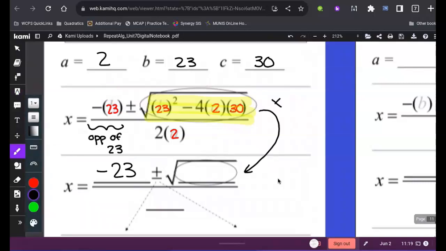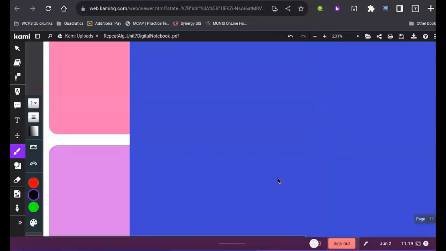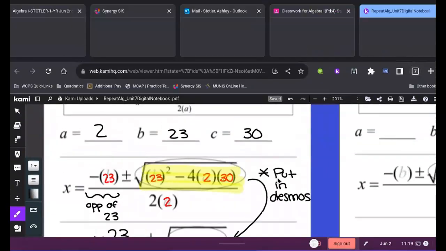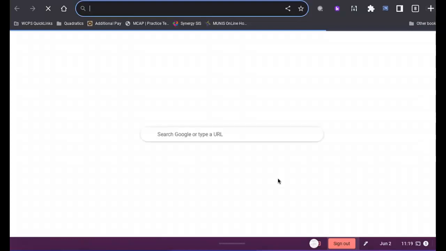I'm going to make a note right here to put in the calculator. I was going to freeze the screen and type it into the calculator, but actually, I won't freeze the screen. I'll show you guys how to plug it in.